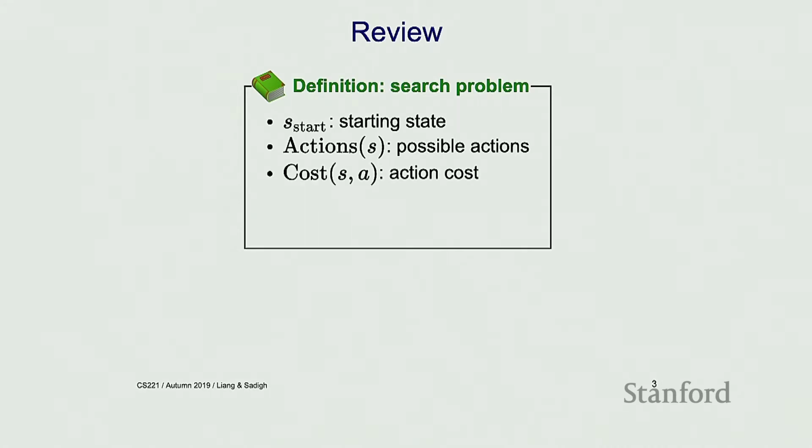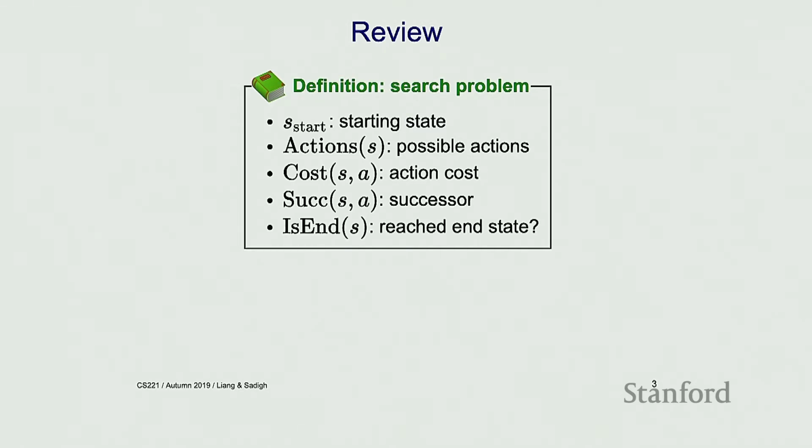And then we talked about the cost function. So the cost function can take a state and action and tell us what is the cost of that edge. And then we talked about the successor function, which takes a state and action and tells us where we end up. And at the end, we had this end function that was just checking if you're in an end state or not. So these were all the things that we needed to define a search problem.